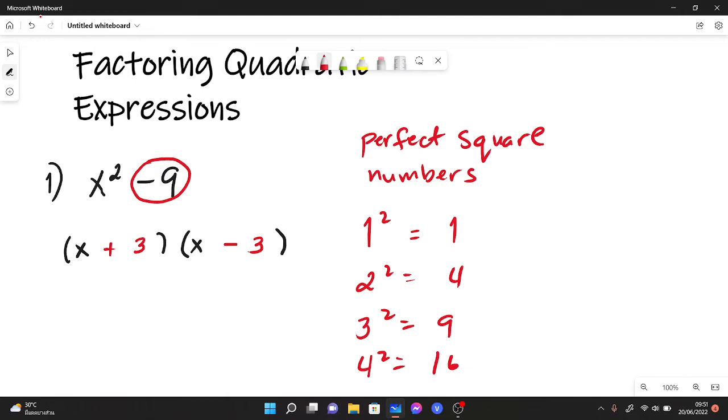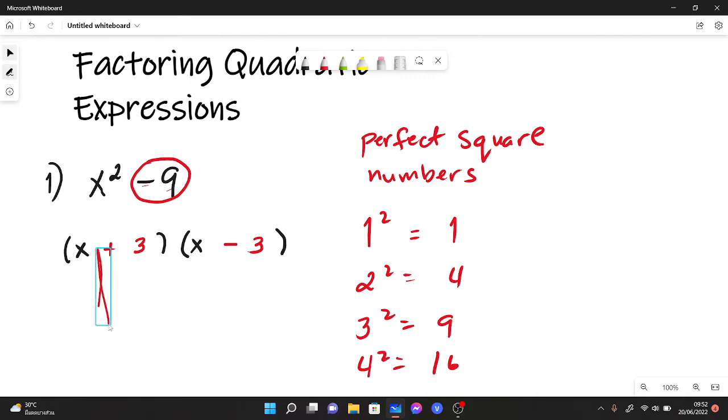These are some examples of perfect square numbers. So for this kind of quadratic expression, both terms should be perfect square numbers. If not, then it cannot be factored, but it is still a quadratic expression.